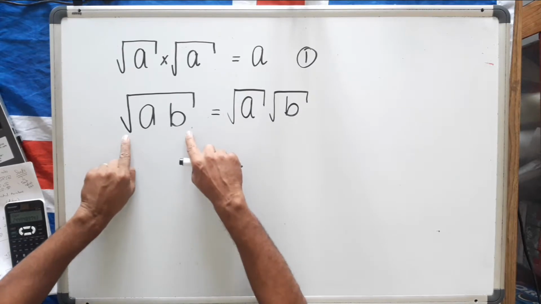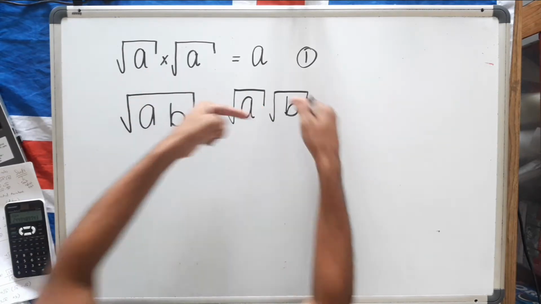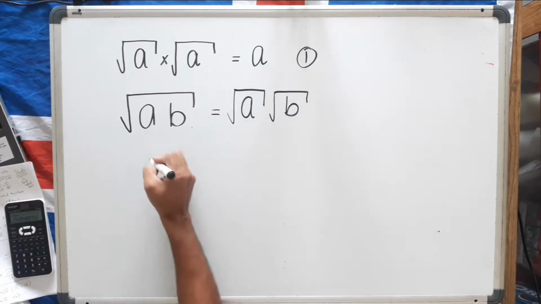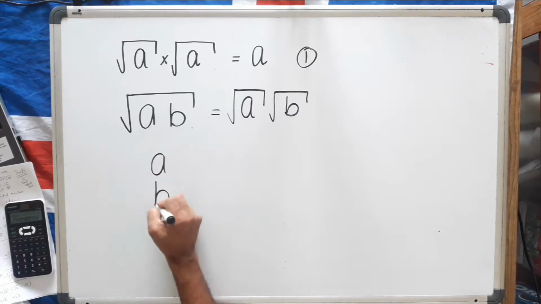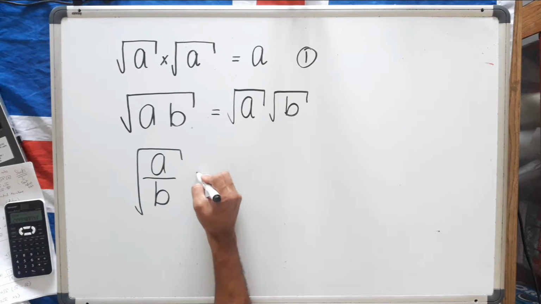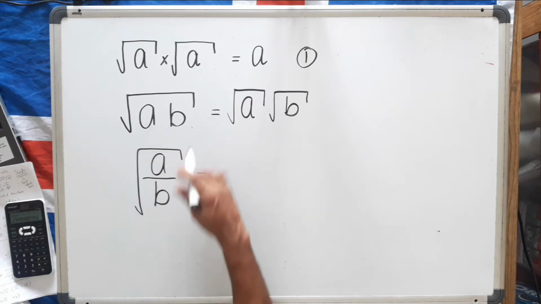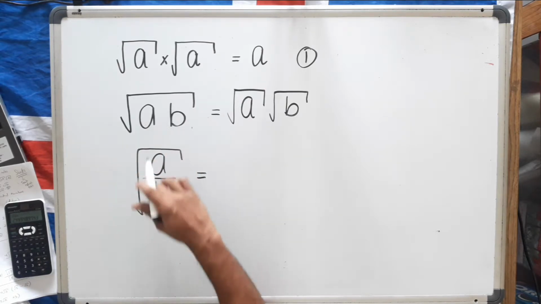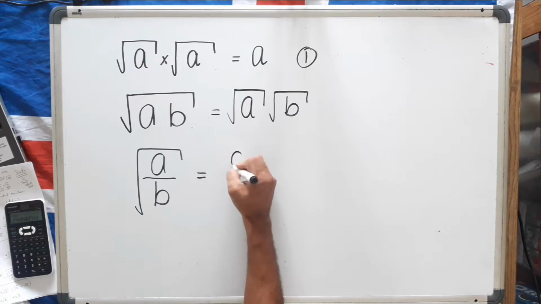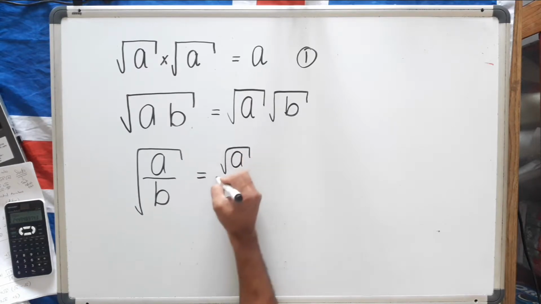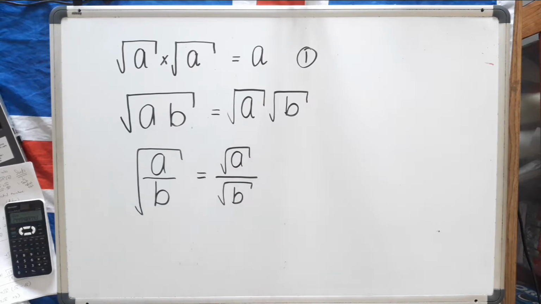Both of them get separated and get their own square root sign. The same thing goes for a divided by b, with a huge square root sign holding them hostage. This is the same thing as the square root of a divided by the square root of b.